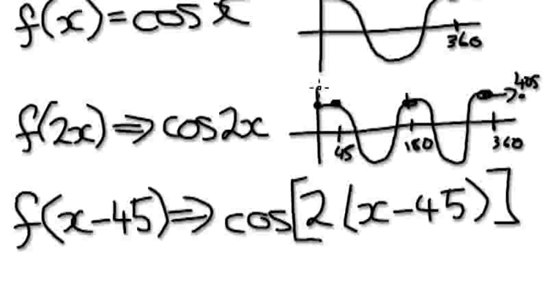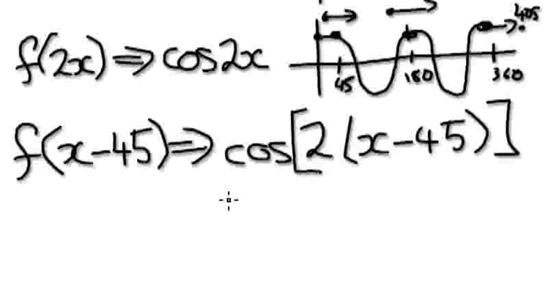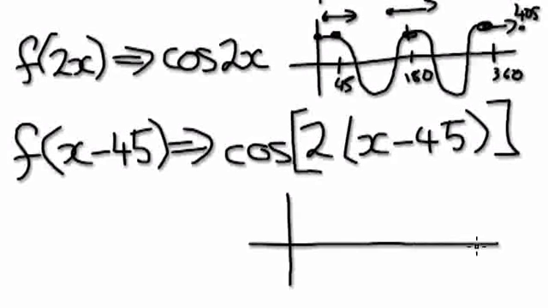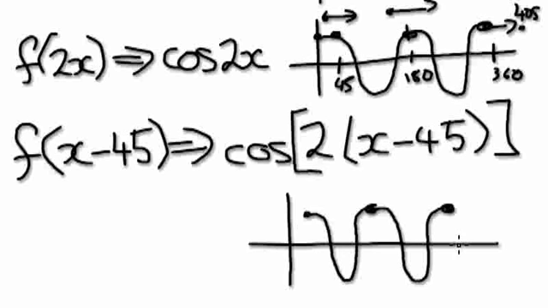Well, anyway, everything would get shifted across by 45. So sketching a graph here would look like this. Hang on. So it was here. We're going to shift it across. So it's going to be one period, and then we've got another period here.